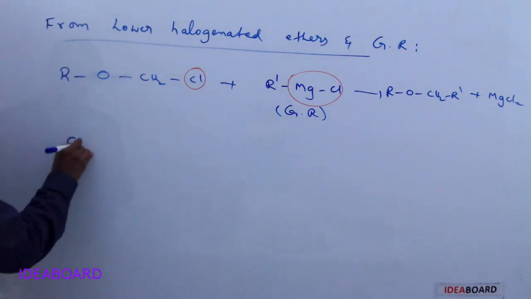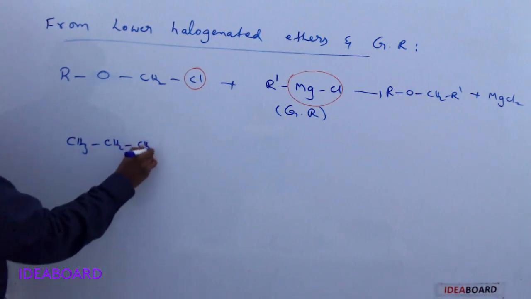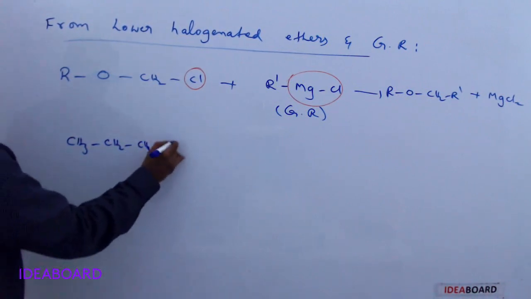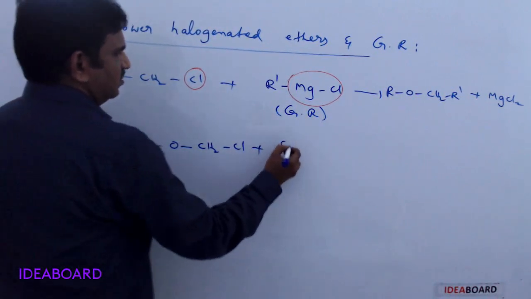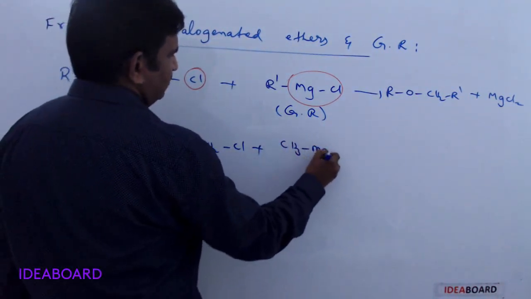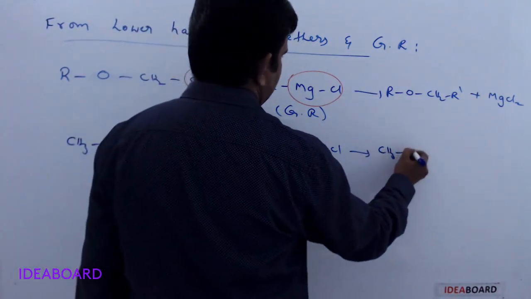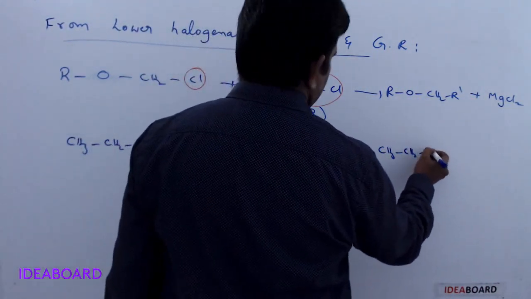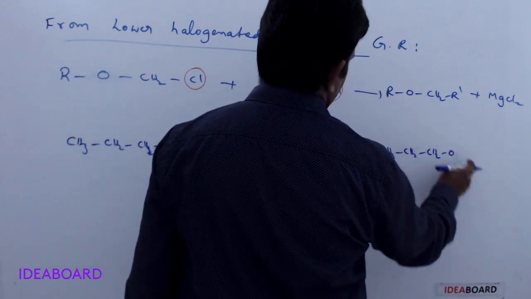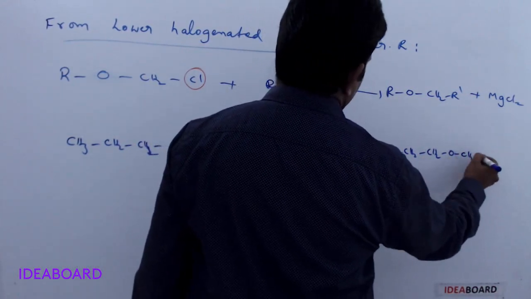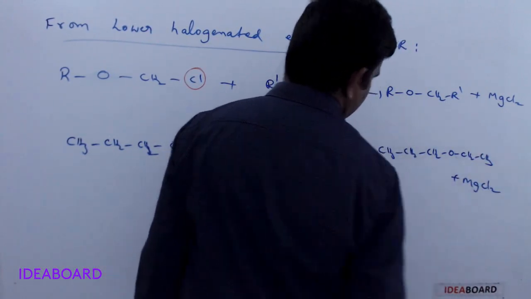For example, you have CH3CH2OCH2Cl and CH3CH2MgCl. Then we get CH3CH2CH2OCH2CH3 plus MgCl2.